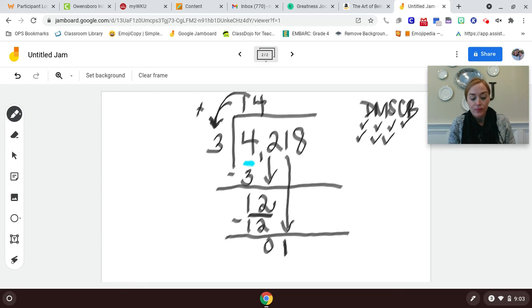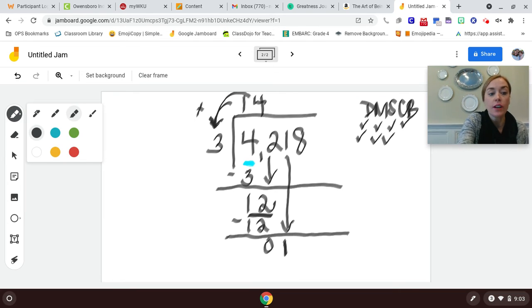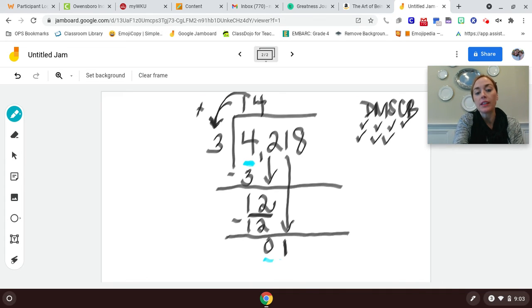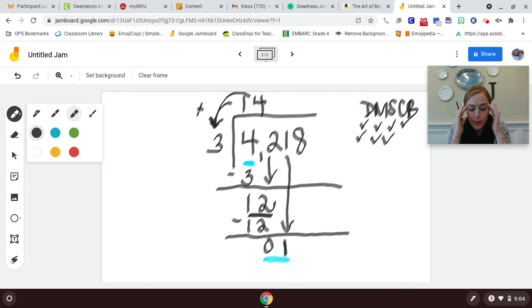Okay, now, this is where things start to get a little bit tricky, right? You're going to look at this and you're saying, okay, so now I'm starting all over again, right? And I'm looking at the number 1. And I'm thinking to myself, how many times can 3 go into 1? 1 cannot be divided by 3.